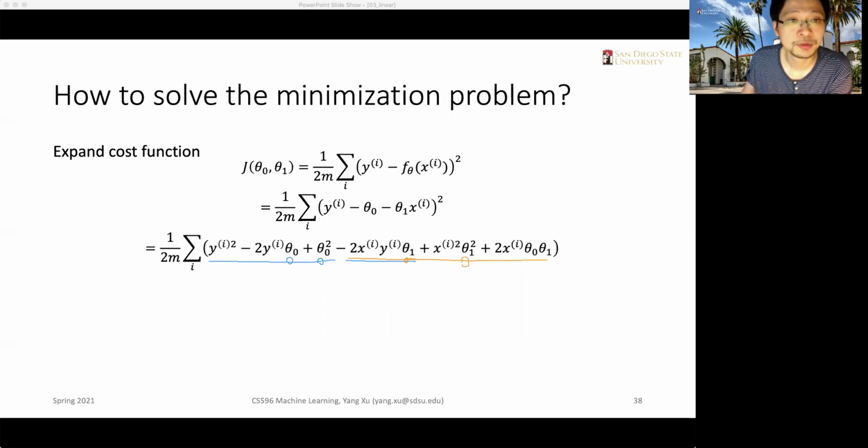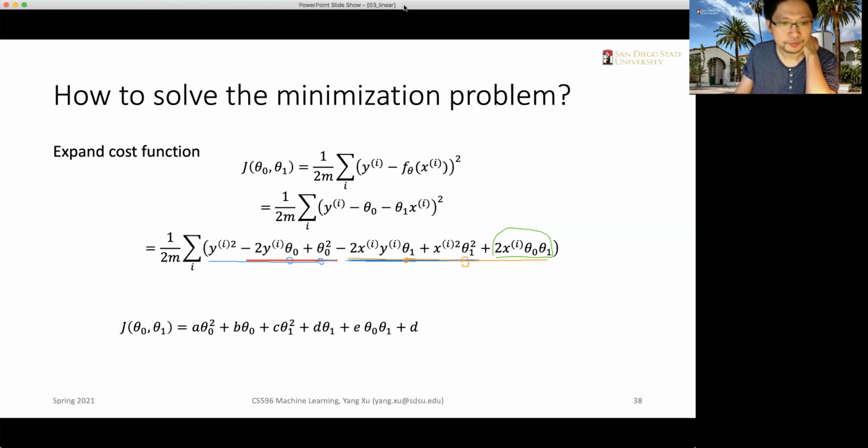There's also some theta 0 and theta 1 cross terms here. Okay, so keep in mind that theta 0 and theta 1 are the unknown variables we want to solve. And the xi and y's are knowns, they are data, they are constants. Okay, all right.